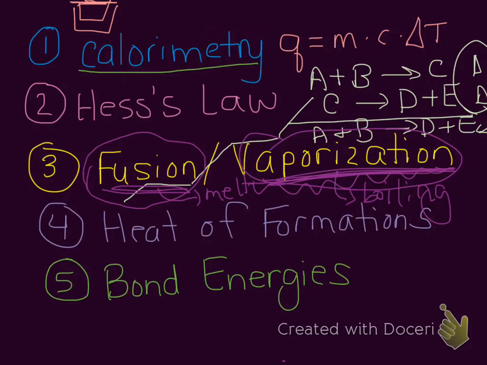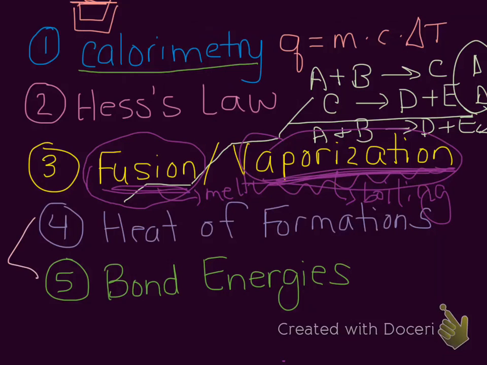The next one is the heat of formation. With this one, you'll be given a list of tables. And these two, 4 and 5, are frequently confused. The heat of formation is the amount of energy it takes to form a compound.